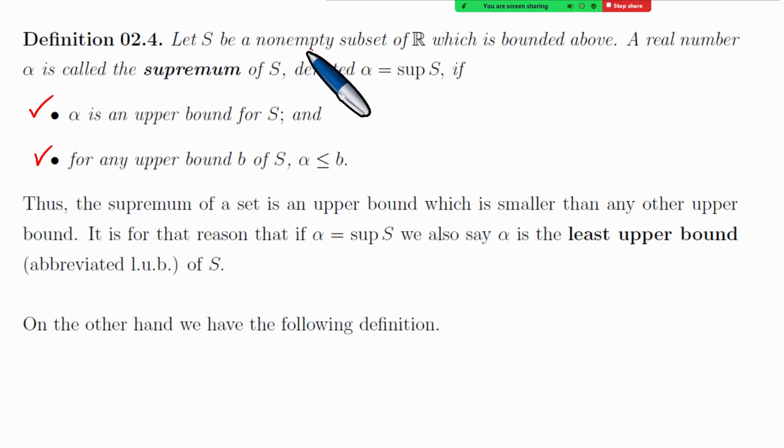Let S be a non-empty subset of R which is bounded above. A real number alpha is called the supremum of S, denoted alpha equals supremum of S.